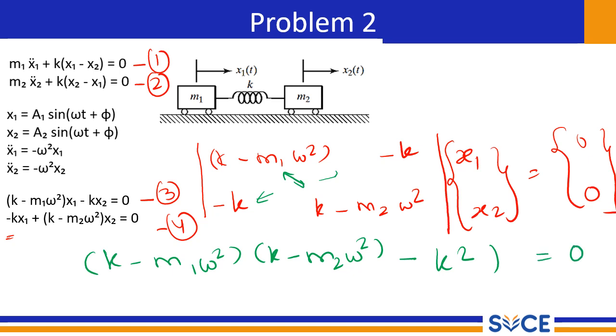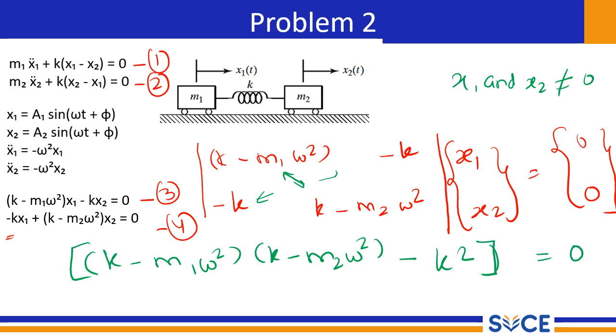Why? Because the displacement terms x1 and x2 will not be equal to 0, so the determinant will become 0. Now let me expand this in the next slide.